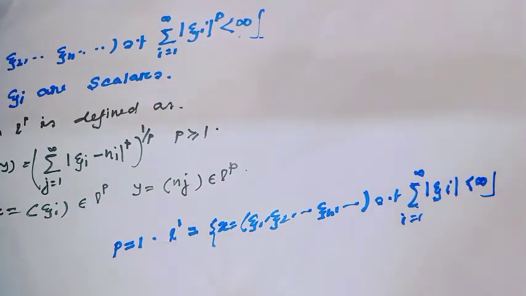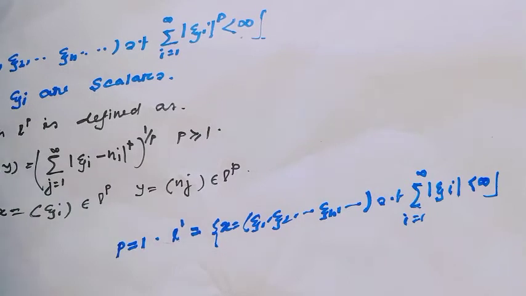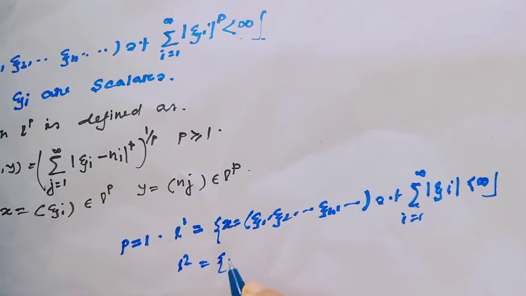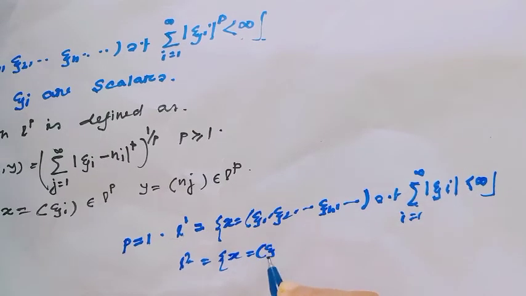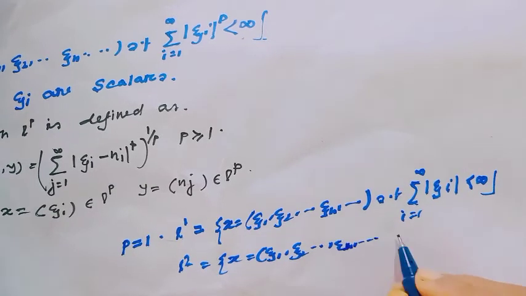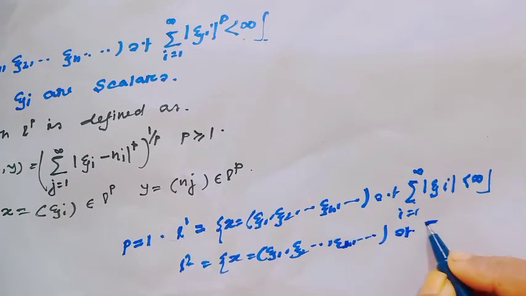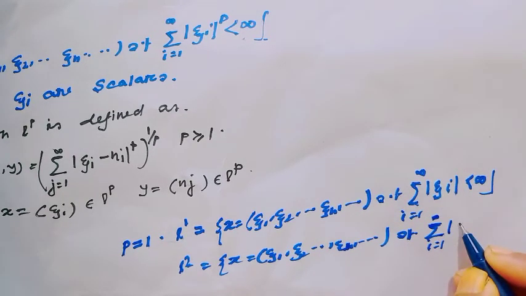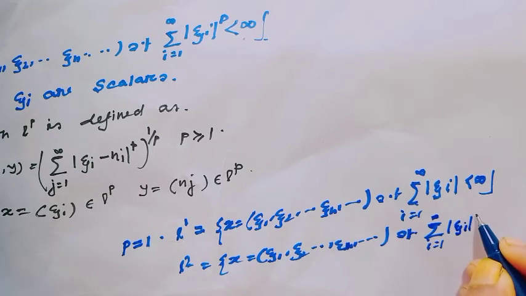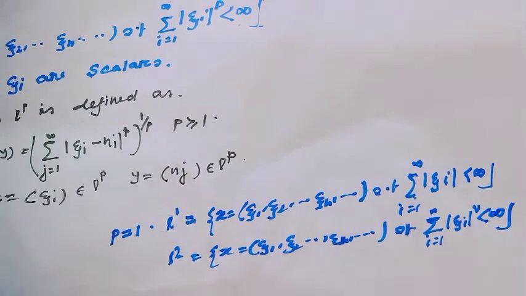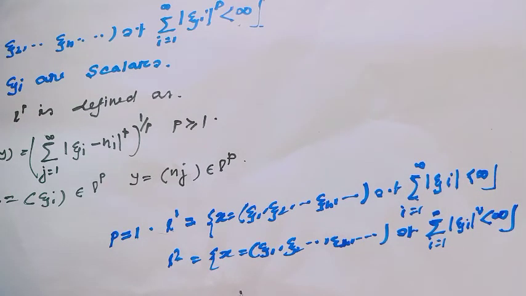This is the l1 space. And if you want to find the l2 space, then this would be the set of those sequences xi_1, xi_2, ... xi_n, and so on, such that summation i equal to 1 to infinity of absolute value of xi_i, whole square, is less than infinity. This is the l2 space. Are you getting how we will find this space?